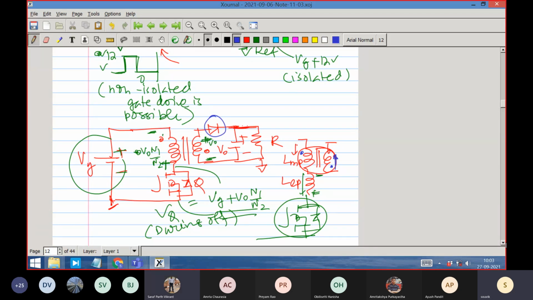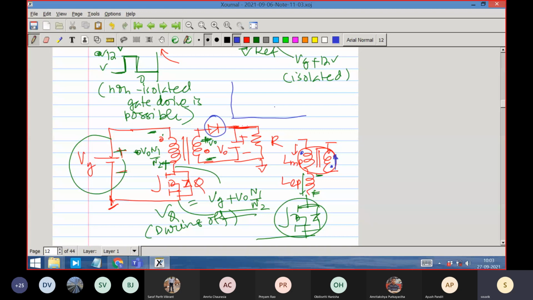When the diode is reverse biased, then the ID current is zero, right? Correct. So V naught by R should be I naught, but averaging it to the diode, is it right? Yeah, it should be equal to ID average. See, when Q is on, let me sketch it here. Tell me where you are having the confusion.